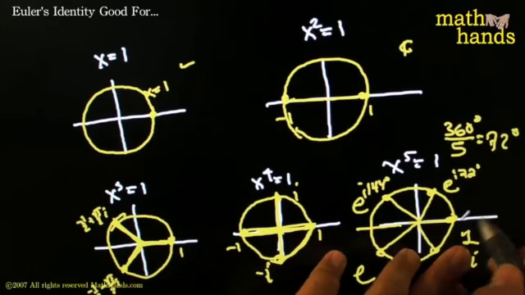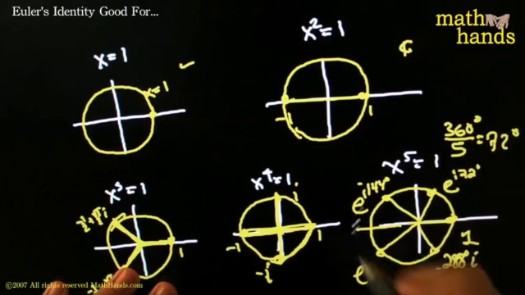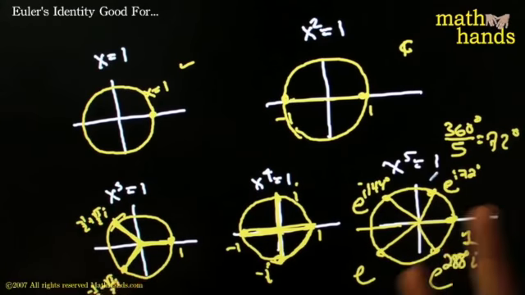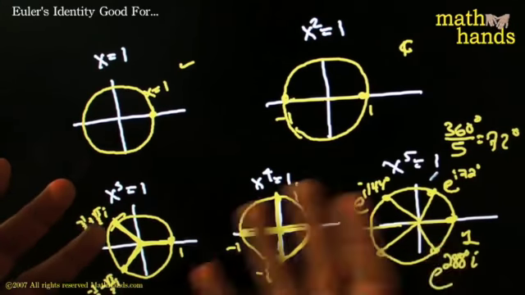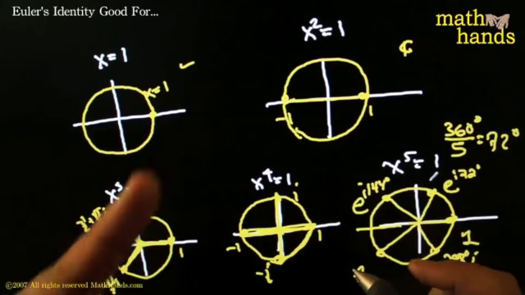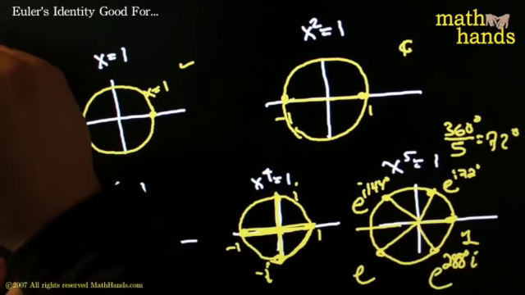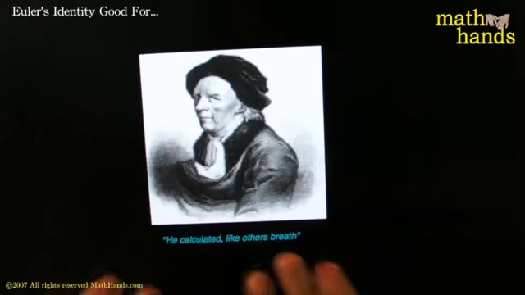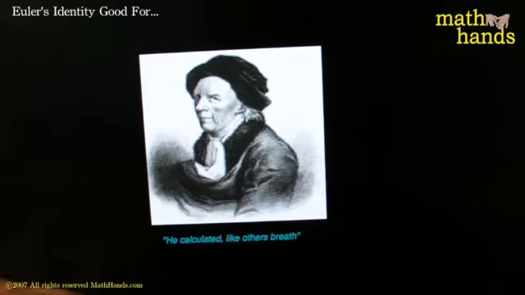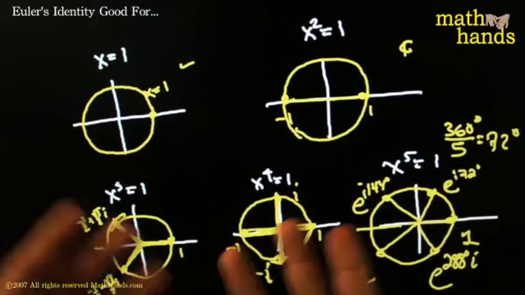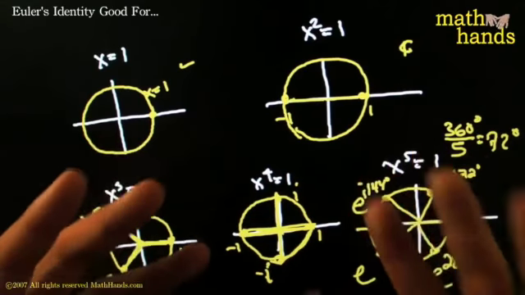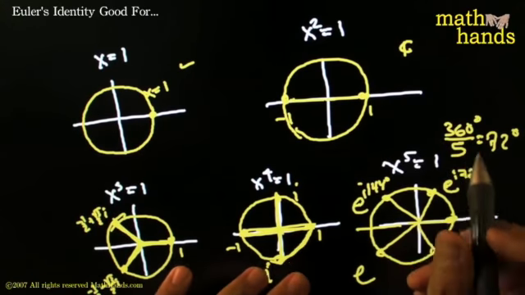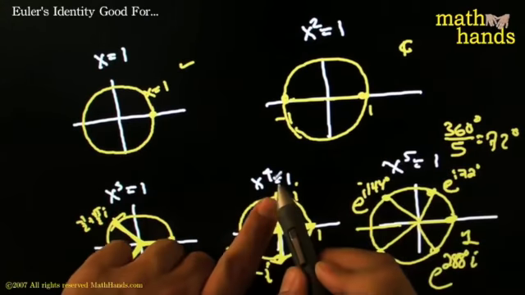We cut it up into 3 equal pieces, 120 degrees apart. What were the solutions for this one? i, negative i, 1, and negative 1. Where are they on the graph? 1, negative 1, i, negative i.